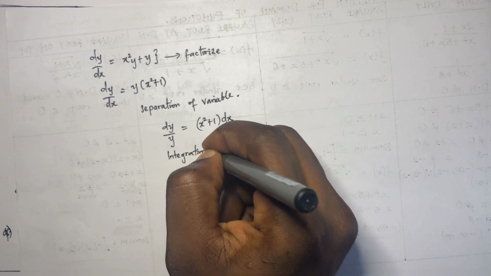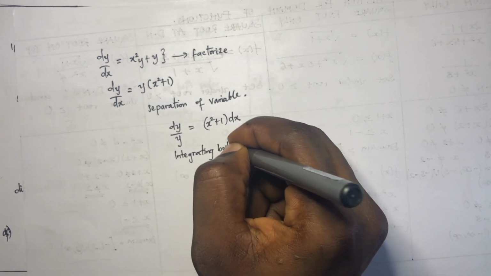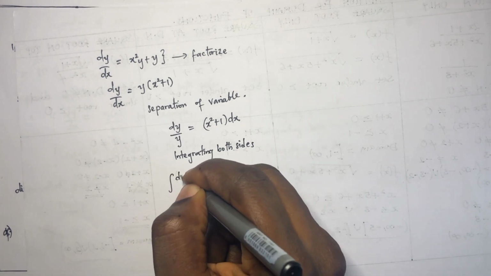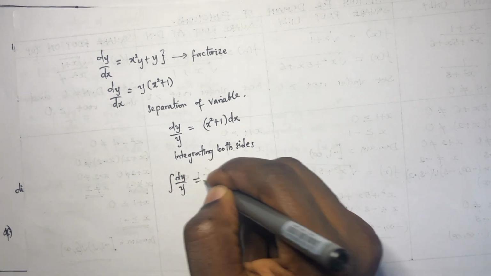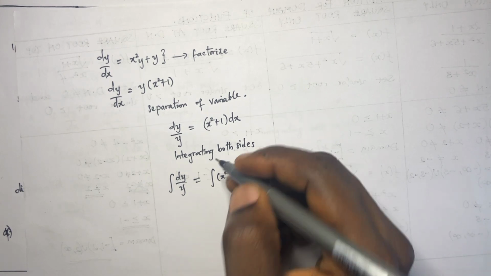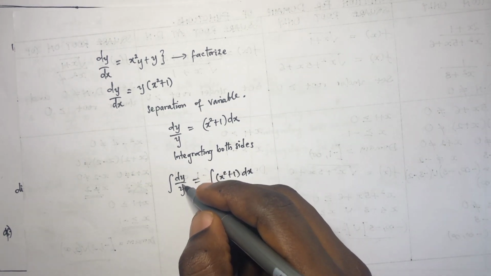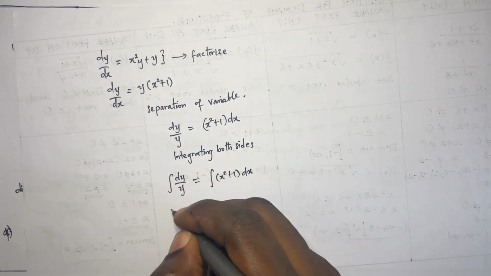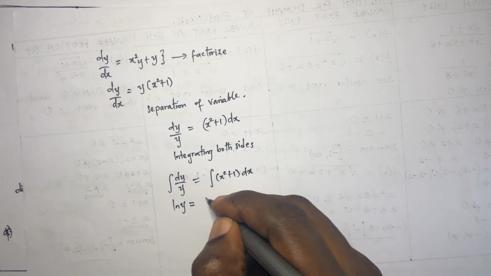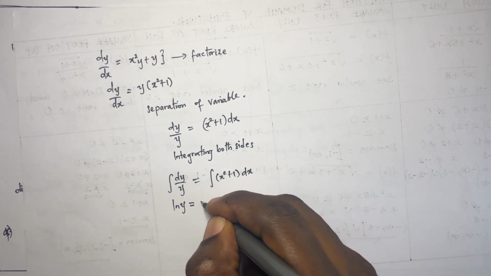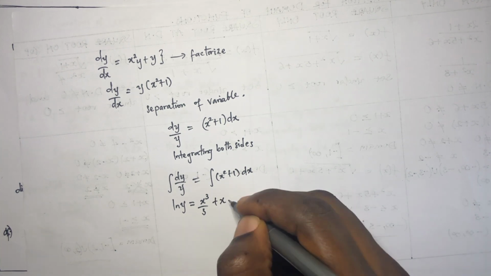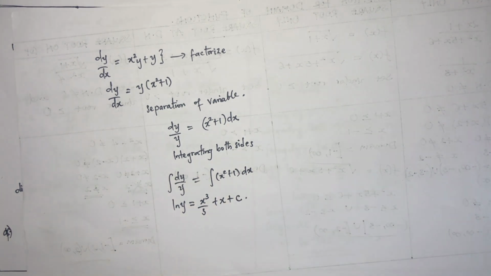Integrating both sides, we have the integral of dy over y equals the integral of x squared plus 1 dx. The integral of 1 over y with respect to y is ln y, and this is equal to x cubed over 3 plus x plus c.